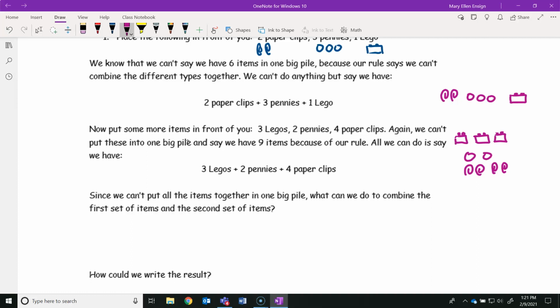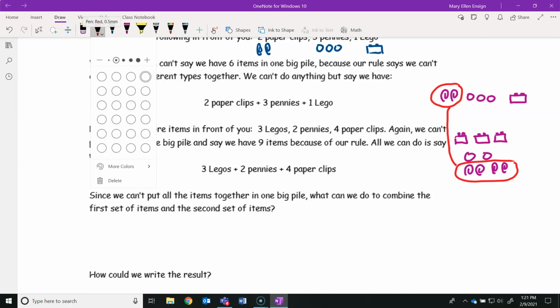What do we have to do? How can we combine the first set of items and the second set of items? I can't just shove all this stuff together. But I can take these paper clips; I can't combine them with other kinds of items, but I can combine them with the paper clips here, my sad looking little paper clips.